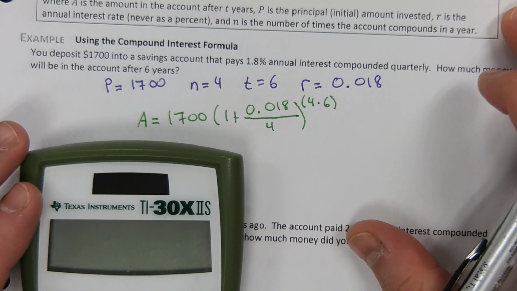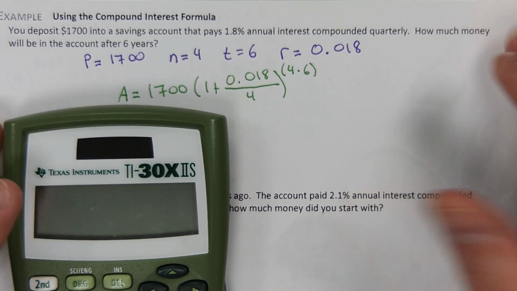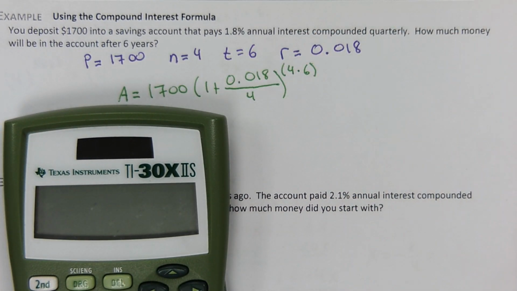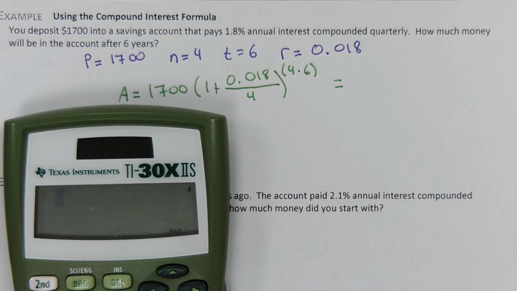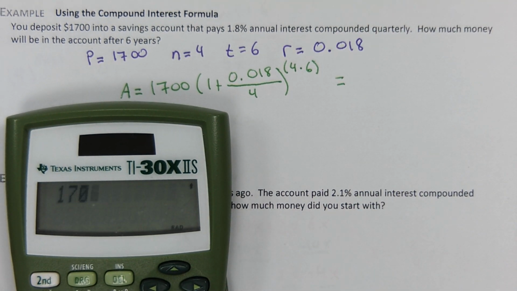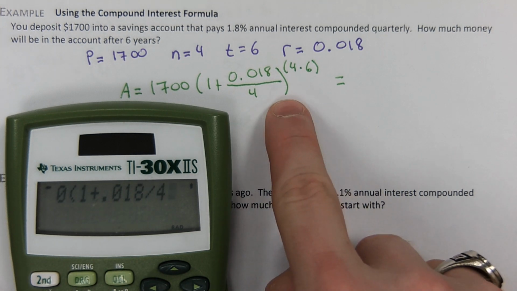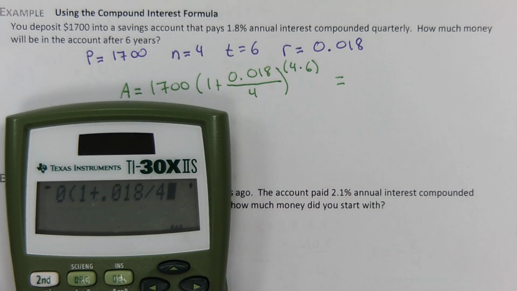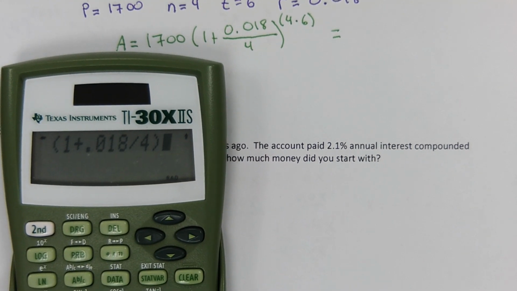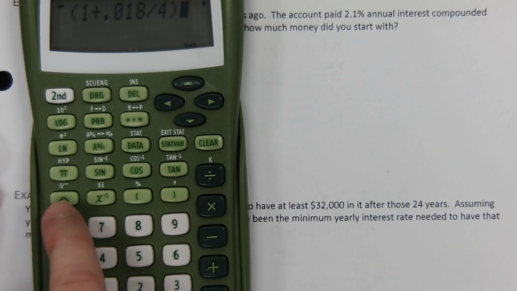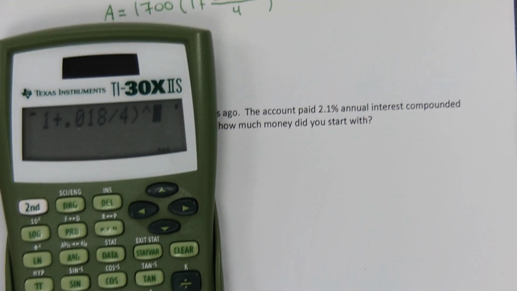Because for this calculator, all I have to do is type what I see and hit equals. 1700, parentheses, 1 plus 0.018 divided by 4. Close your parentheses. I said close them. There we go. I just missed the parentheses button. This button is exponent, if you don't remember from the other day, so raised to the.